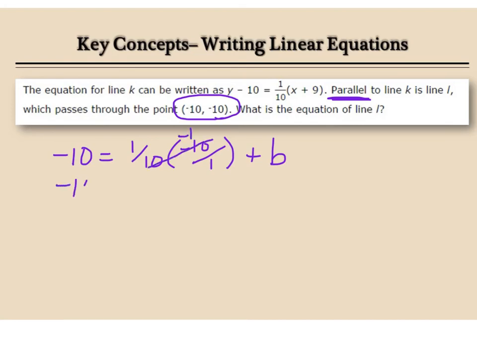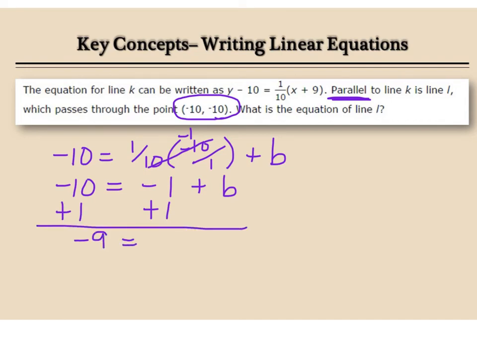So I have -10 equals -1 plus b. Add 1, and I get -9 equals b. So I'm ready to write my final equation that is parallel to line K, and it is y equals 1/10 x minus 9.